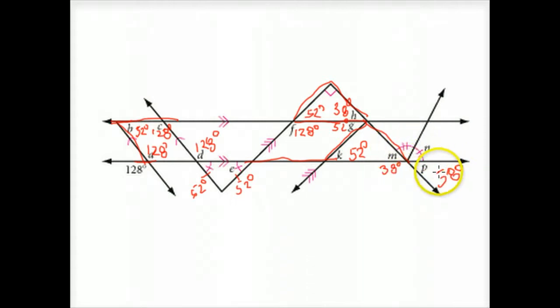So 180 minus 38 is 142. And if we divide that in half, we get each of these angles. So that's going to give us angle N. So let's divide that by 2, so we get 71. So N is 71. And we are finally done with this problem.